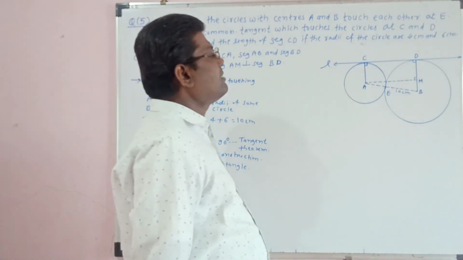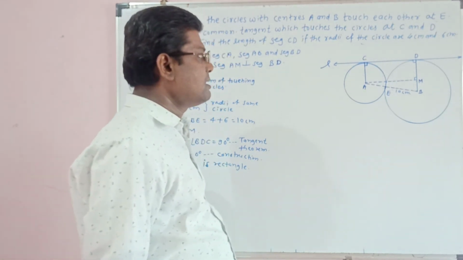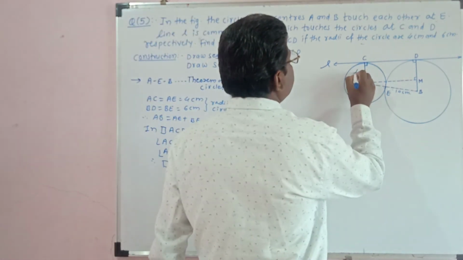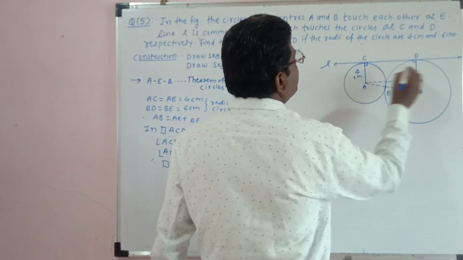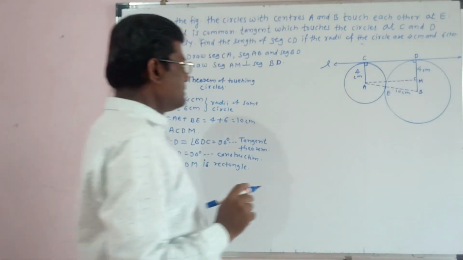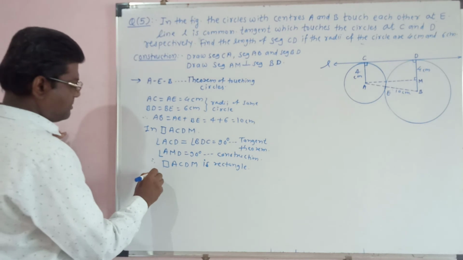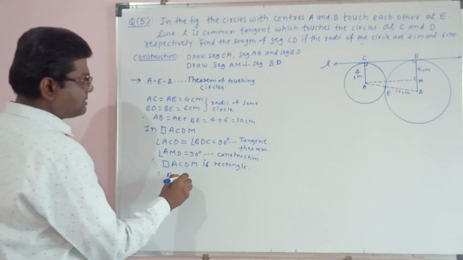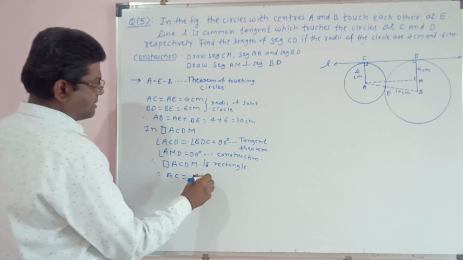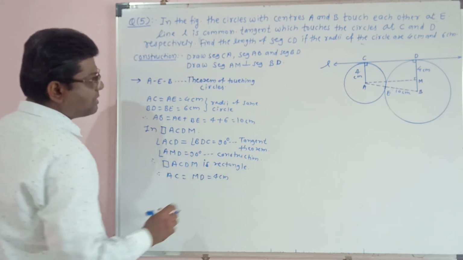We know that opposite sides of a rectangle are equal. This distance is 4 centimeters, therefore this distance is also 4 centimeters. Therefore, AC is equal to MD is equal to 4 centimeters.